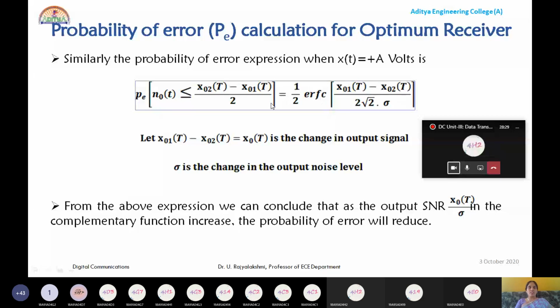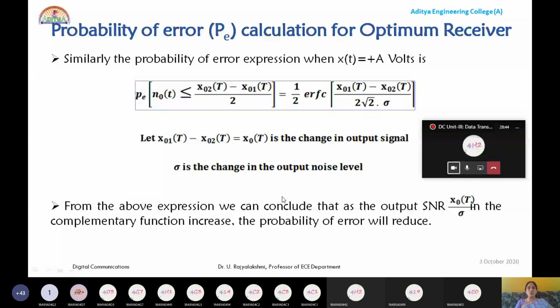Here the complementary error function gives you the inverse relationship: P of n naught of t is equal to half erfc of (x naught 1 of t minus x naught 2 of t) divided by 2 root 2 sigma.